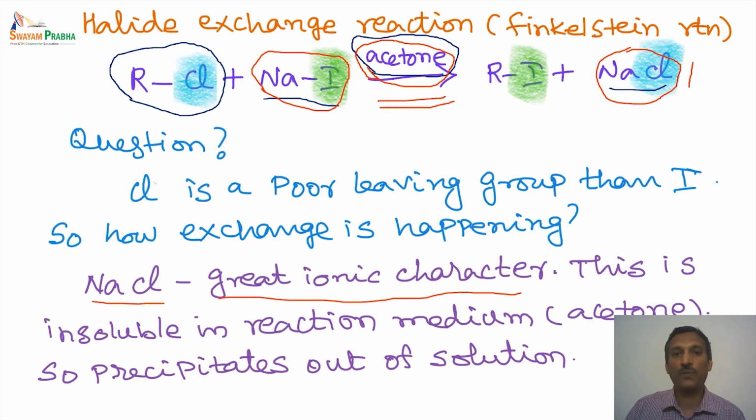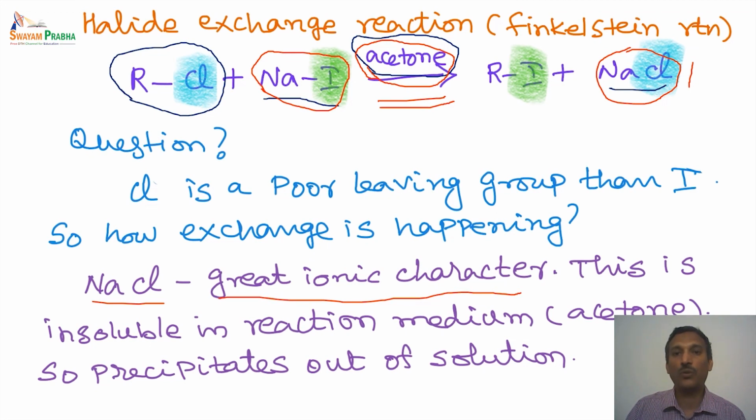So even if we mix the starting materials, alkyl chloride and sodium iodide, in acetone, even if the reaction proceeds only 5%, one of the products, which is sodium chloride, actually precipitates out of the solution, so making this reaction push forward towards the product.